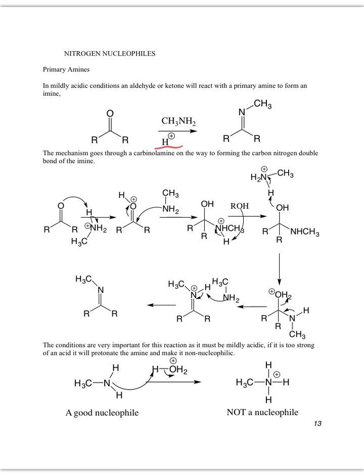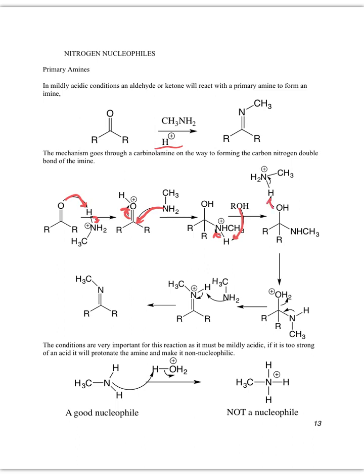We can't use a lot like we did in the previous one, but we have to use enough to protonate the carbonyl. And then once we protonate the carbonyl, we can add our methylamine into it to break the C=O double bond, and then deprotonate the nucleophile, just like we've done before.